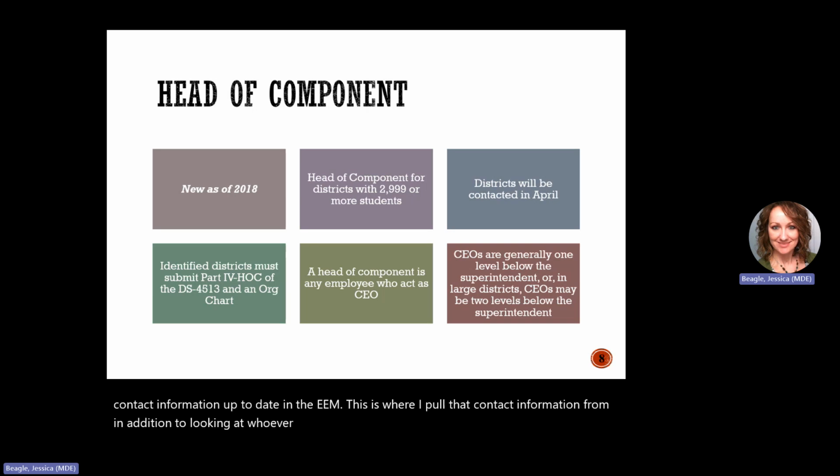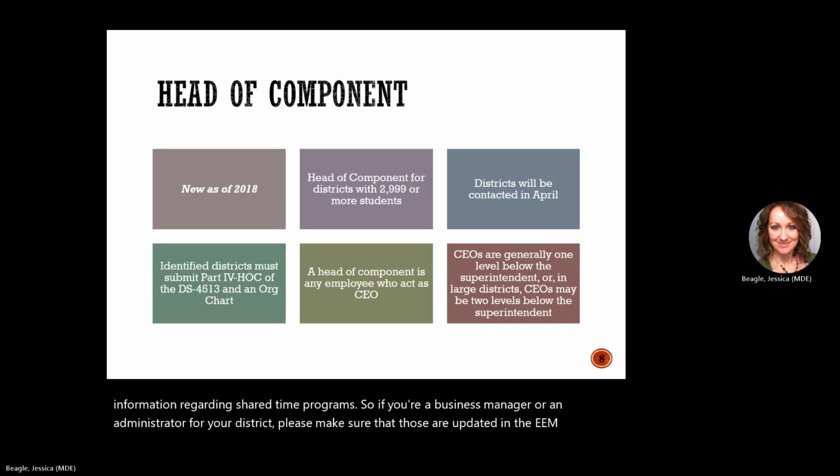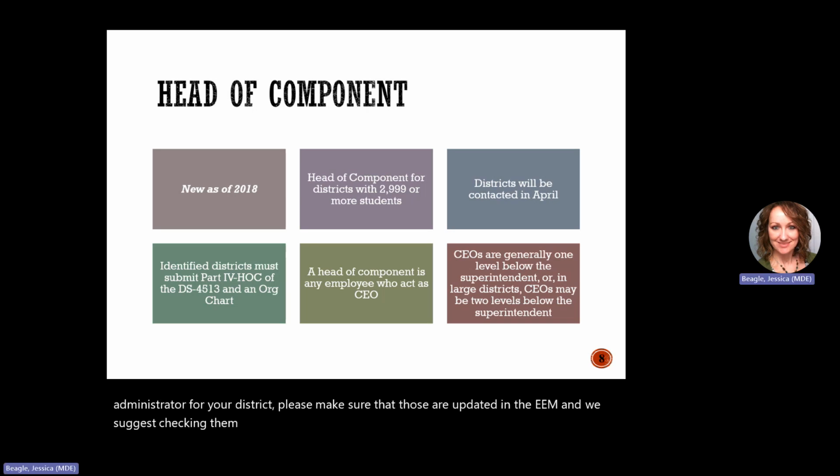And other communications regarding indirect cost rates will come from here, as well as some information regarding shared time programs. So if you're a business manager or an administrator for your district, please make sure that those are updated in the EEM, and we suggest checking them annually, likely as the new fiscal year begins is a good time.